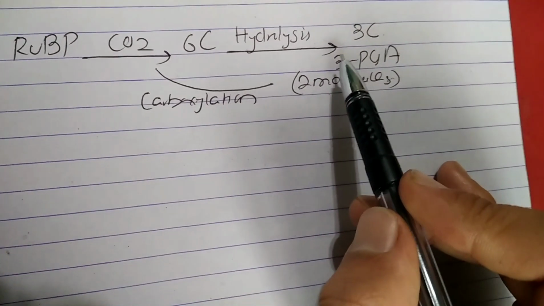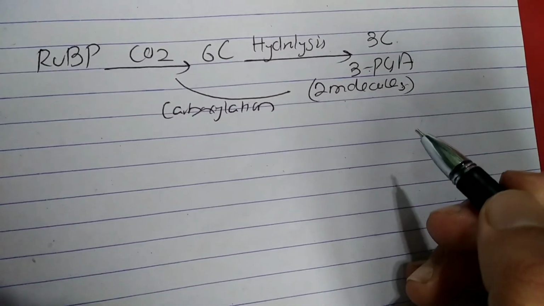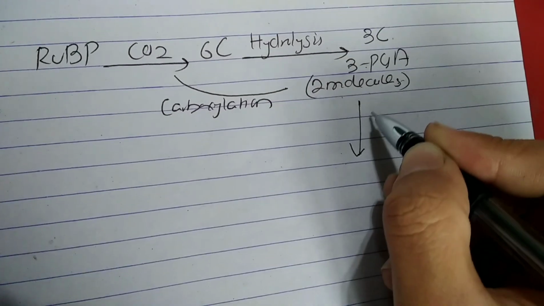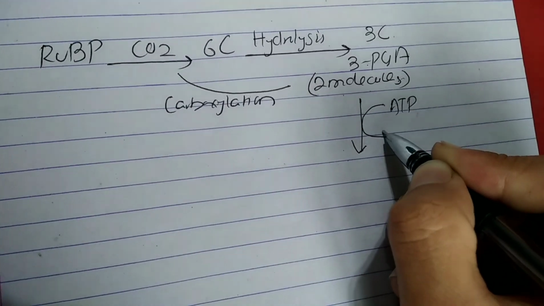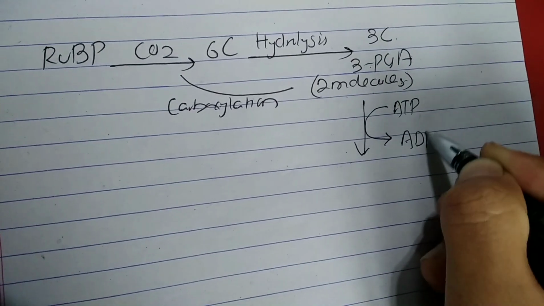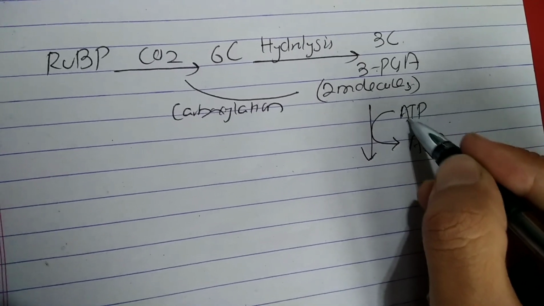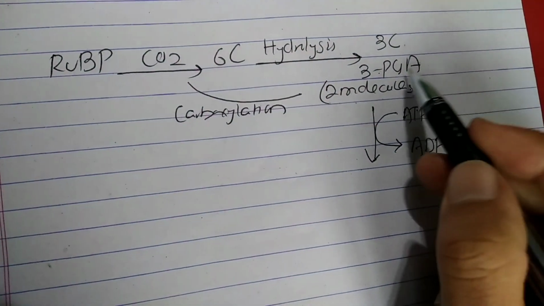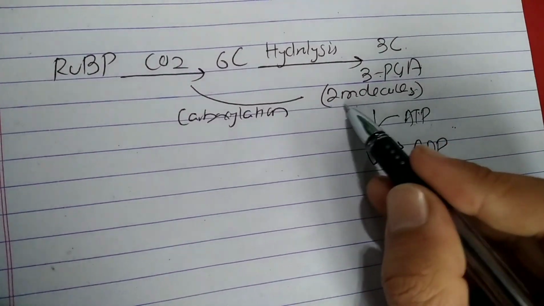Now the first stable compound, 3-phosphoglyceric acid, will undergo phosphorylation. As I have already told you, phosphorylation is nothing but the conversion of ATP into ADP. This will release one inorganic phosphate, because triphosphate is being converted into diphosphate, and this phosphate will be attached to the substrate.